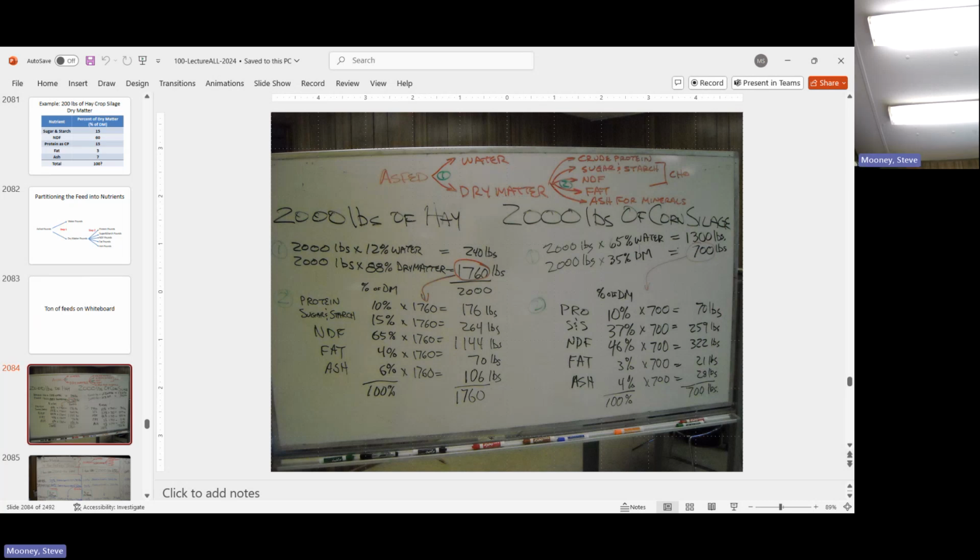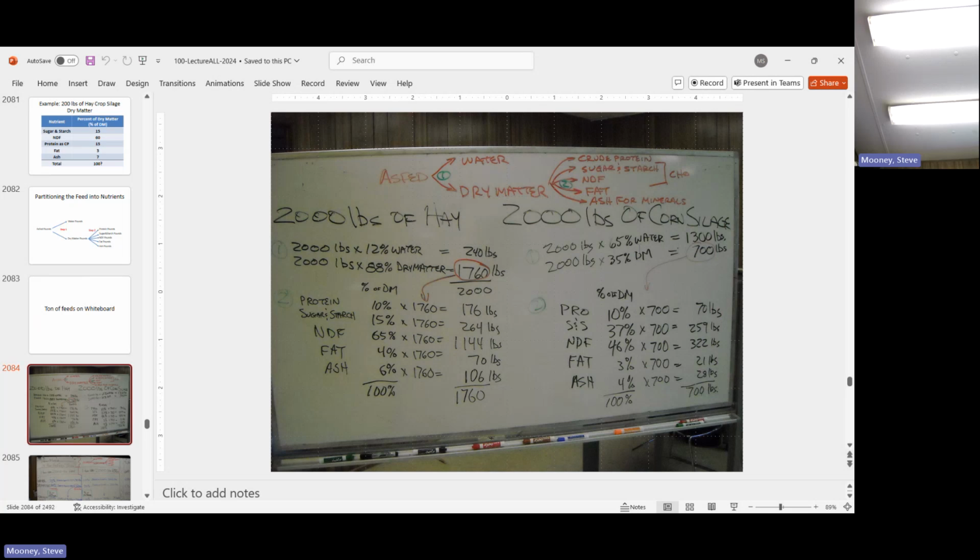So second step, we're going to divide things up: crude protein, starch and sugars, NDF, fat, and ash. First step, we have to split the water from our dry matter.